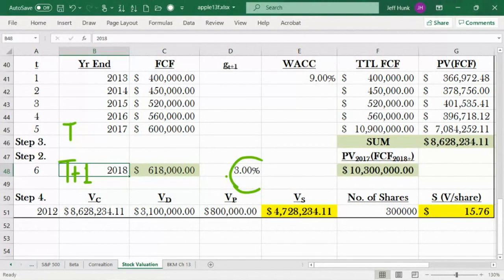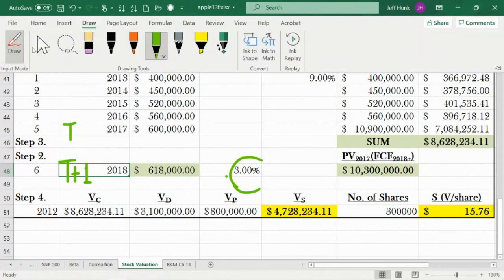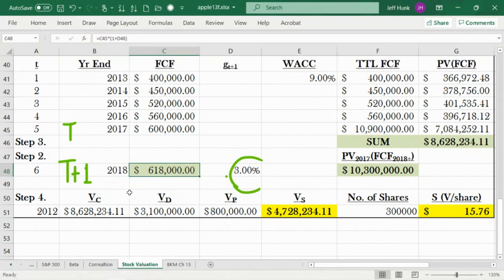So we need to use the Gordon growth model. To use the Gordon growth model, you have to generate the forecast of free cash flow at time t plus 1. Of course, here it is.